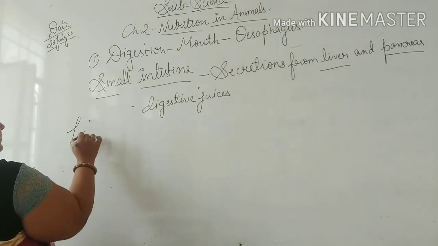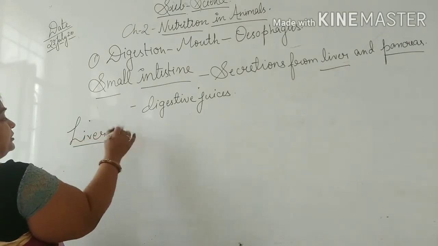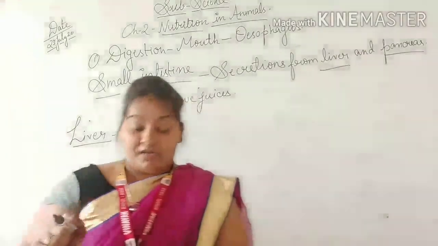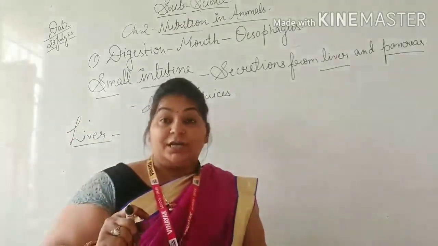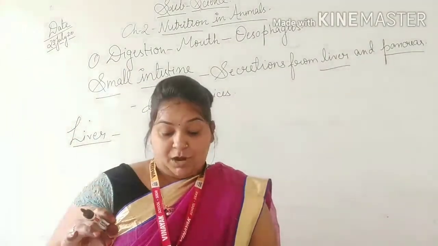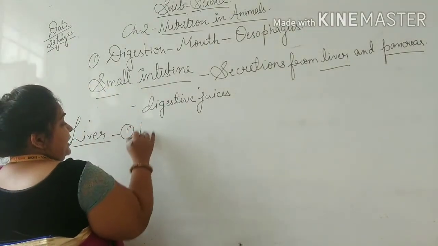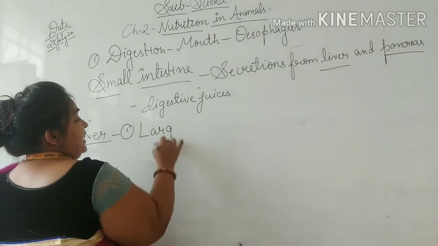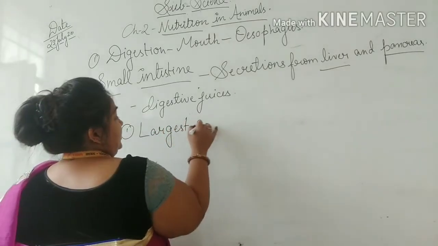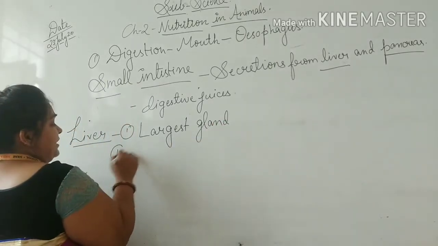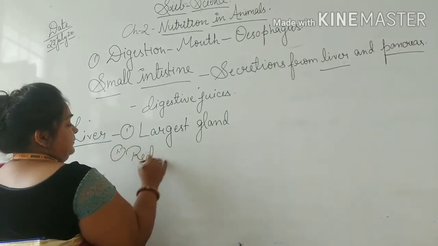So what happens in the liver? The liver is the largest gland in our body, and it is reddish brown in color.